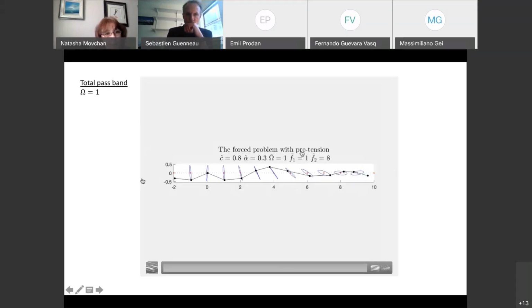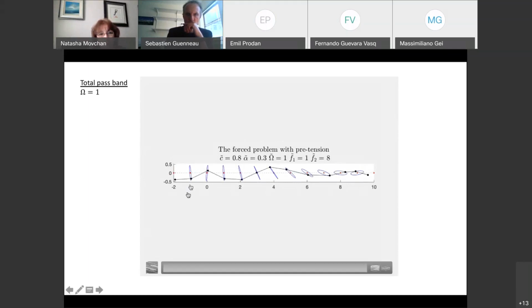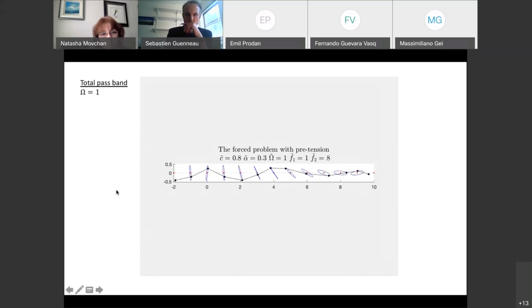And in the passband, of course, we can't really distinguish which one is the point where we are applying the force. It's again in the 0 position. And we can see that this corresponds to a case of retention, and both waves are propagating, corresponding to both dispersion curves.